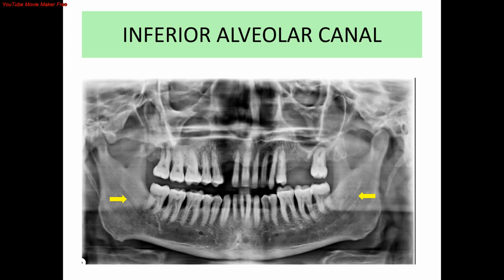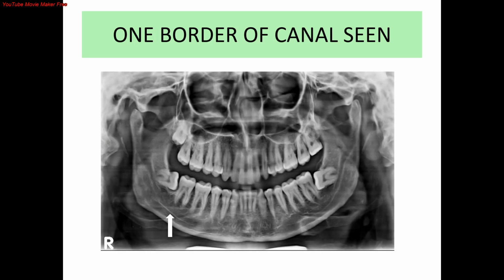Nowadays, CBCT gives the exact location of the nerve, as OPG can't show it, being a two-dimensional picture, so overlapping is essential. If one border of the inferior alveolar canal is seen, as on the right hand side in this OPG shown by white arrow, usually it is the inferior border of the canal.